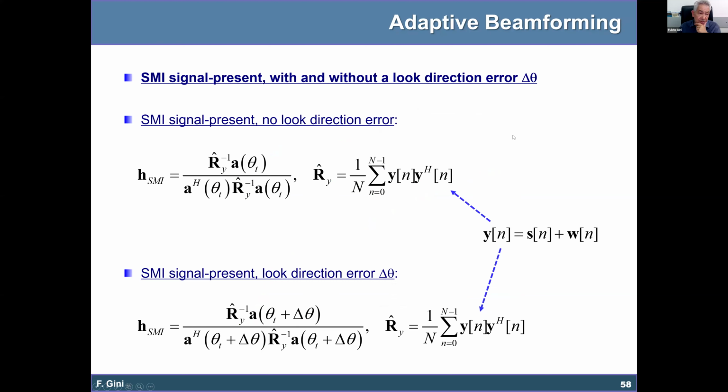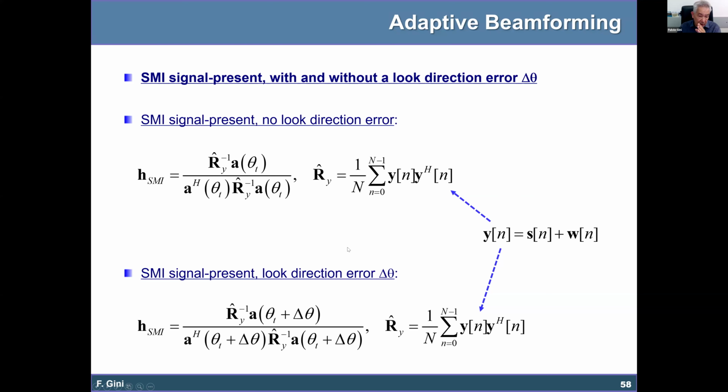Now, let me describe what happens if there is an error in the pointing direction. If the signal is coming from direction of arrival theta t, and there is no error, so if you point the beam exactly in the direction of the source, you are implementing this adaptive detector.